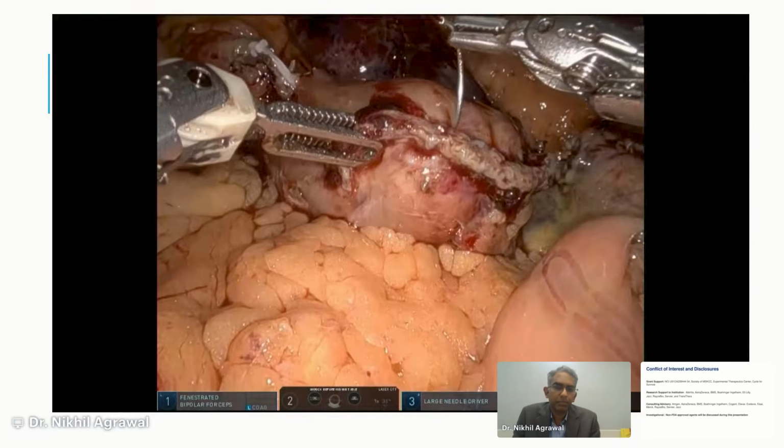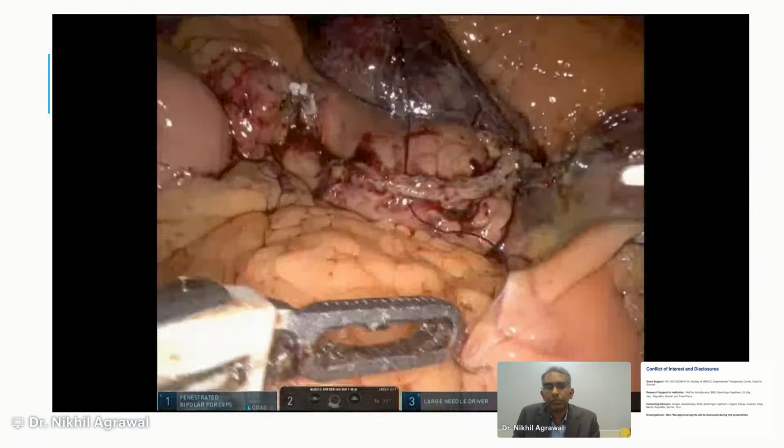This anastomosis is completed, and then we have to anastomose the jejunum to the stomach.